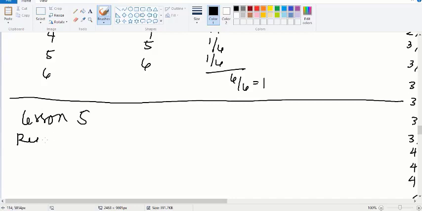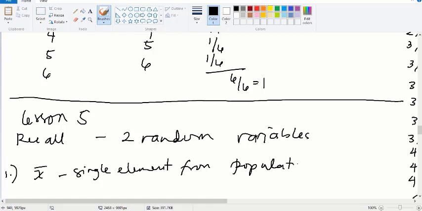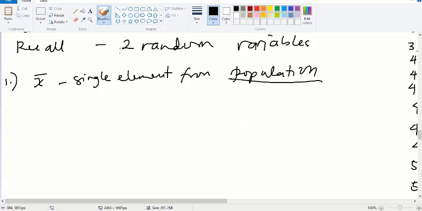Okay, so just a little bit of summary, no? Meron tayong 2 random variables that we have talked in this module. Meron tayo yung x, but this is single element from the population. Ang distribution niya is population. And also, ang kanyang mean ay mu, at ang kanyang standard deviation ay sigma.